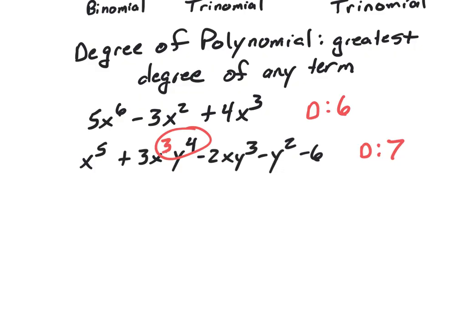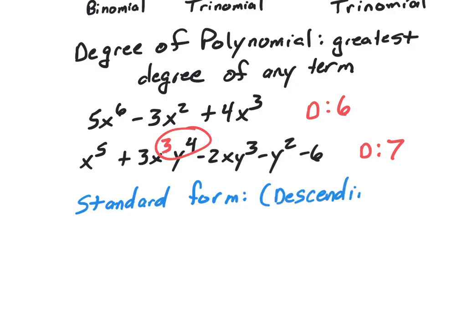Okay. The last thing with all of these polynomials, and then we'll do some examples of some different things, is what we call standard form. Standard form is the way that we will typically write a polynomial. We always go in descending order of exponents.